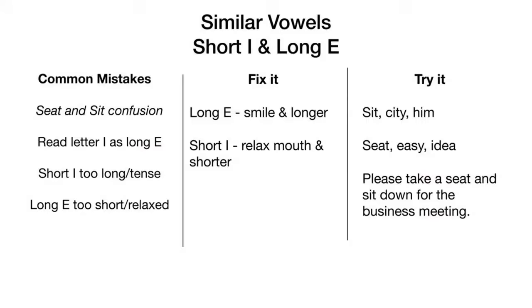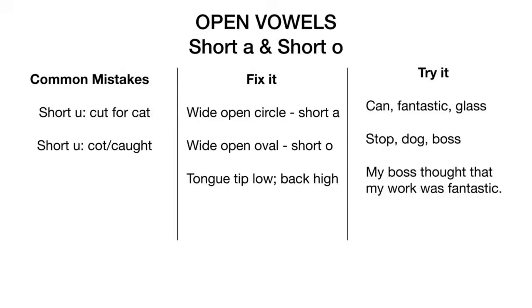All right. So, sound mistake 1 and 2. Confusion of these short I and long E. So, make these different. This is huge because variation in English helps with the rhythm. So, this is really going to help with the rhythm. And this is the difference between seat and sit. Next, we have these open vowels, a and ah.